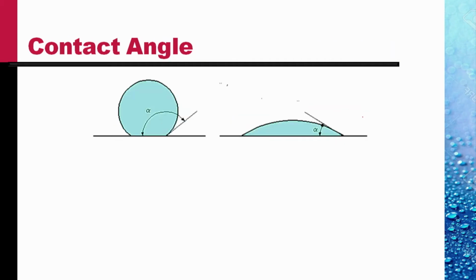We introduce a term contact angle. Contact angle is the angle that the droplet makes with the surface. So here the contact angle is large, here the contact angle is small. These are wetted surfaces, the contact angle is low.